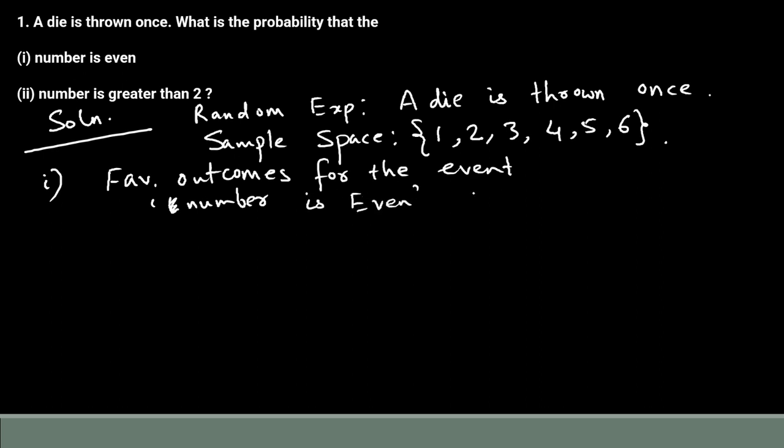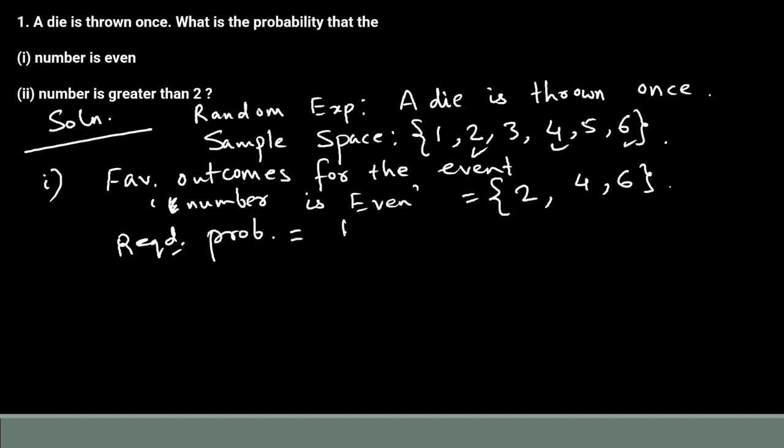So for this event, number is even, what are the favorable outcomes? You see, 2 can come out, 4 can come out, 6 can come out. So it can be either 2 or 4 or 6, right? Now they have asked what is the probability for this event. So the required probability, what will it be?